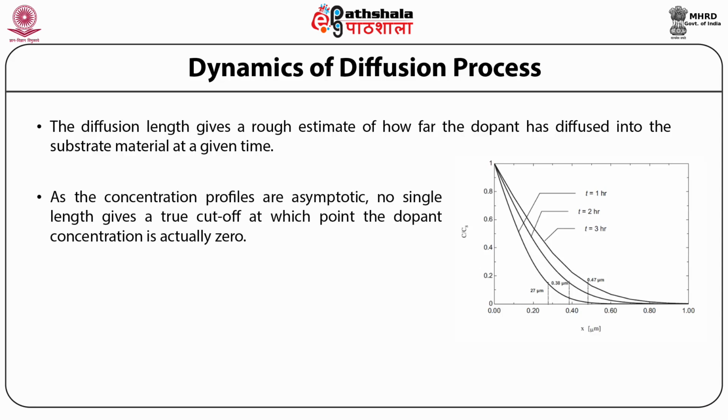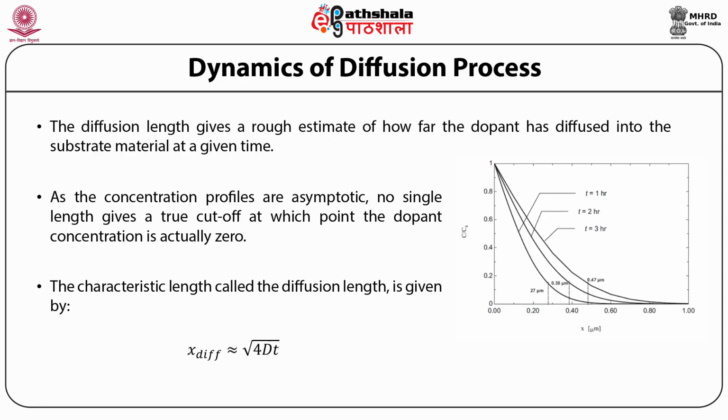As the concentration profiles are asymptotic, no single length gives us a true cutoff, at which point the dopant concentration is actually zero. So the characteristic length is called the diffusion length, which is given by x diff approximately equal to root of 4Dt. Let us now discuss ion implantation.